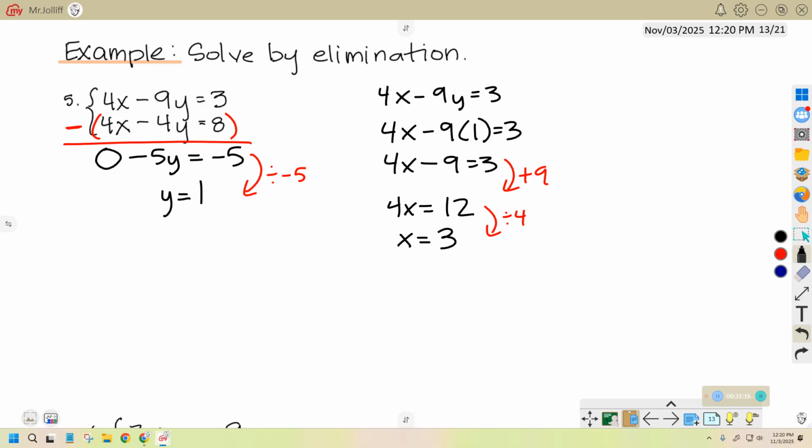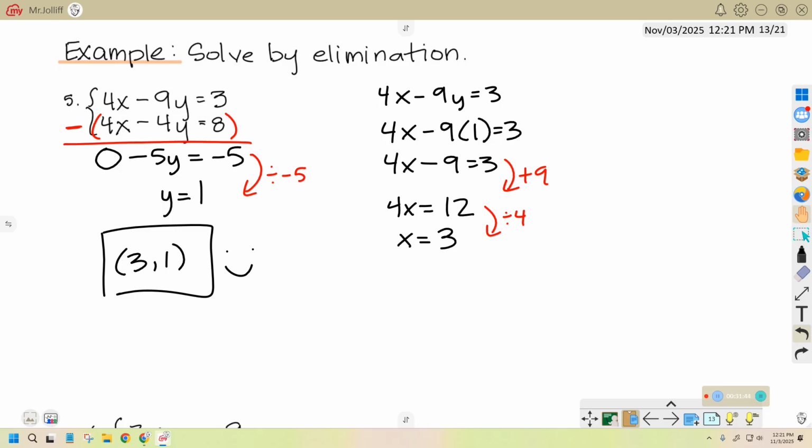I think I did that correctly. So our solution is the point (3, 1). Yay. Independent, inconsistent, dependent? Independent. Good. Questions on the first one?